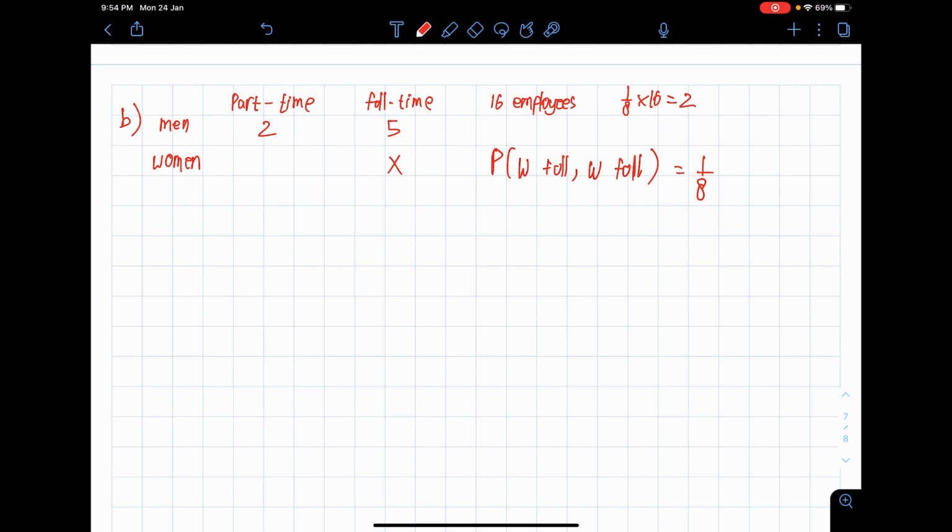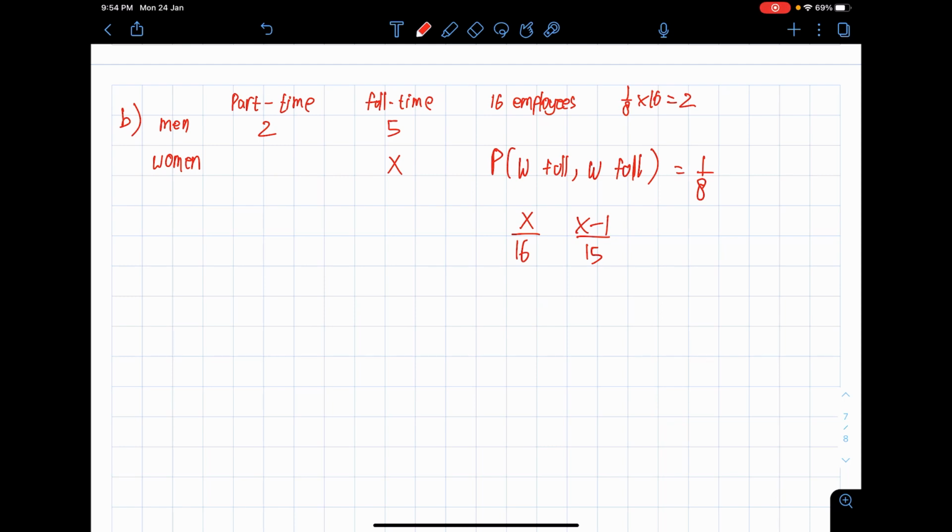Okay, there are X women who are working full-time. So the probability will work like this: X over 16 times (X minus 1) over 15. Remember that when you take 2 like that, once you take 1, you reduce the whole population by 1 unit.